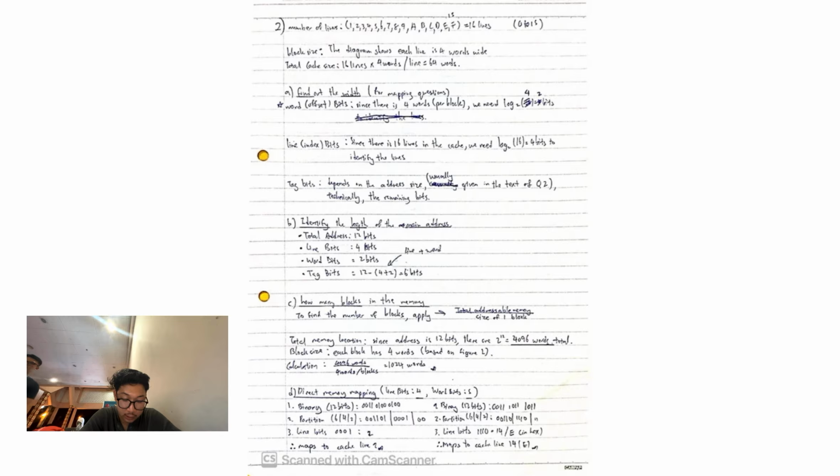So the line bits 0001 is equal to 1. So the map leads to cache line 1. For the second binary, the map leads to cache line 14E.